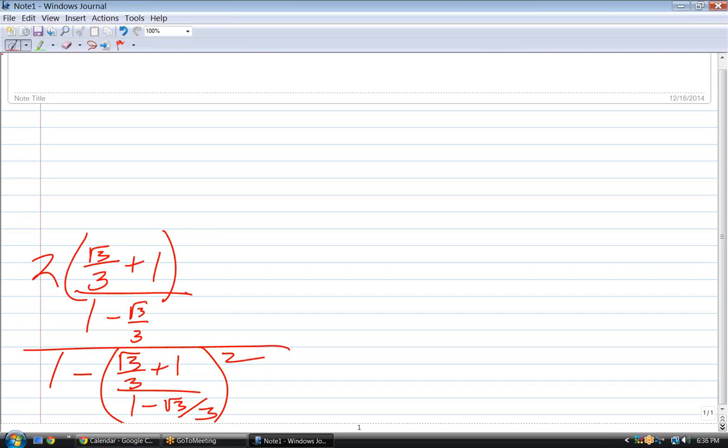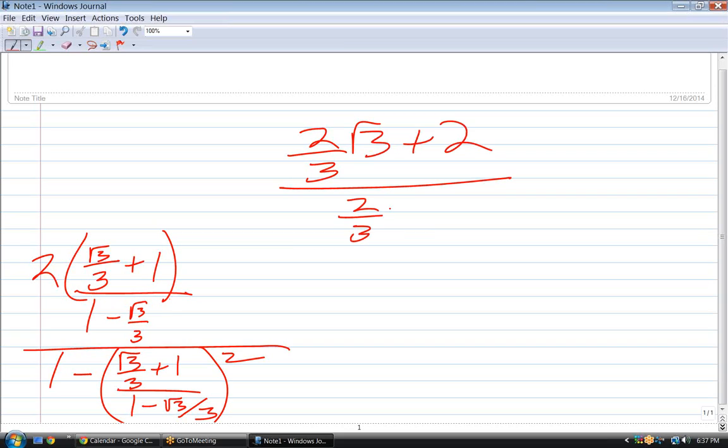Well, the worst case scenario is I'll simplify it. Let's multiply the 2, so we have 2/3 root 3 plus 2 over 1 minus that is 2/3 that. In other words, this would be 3 over 3.